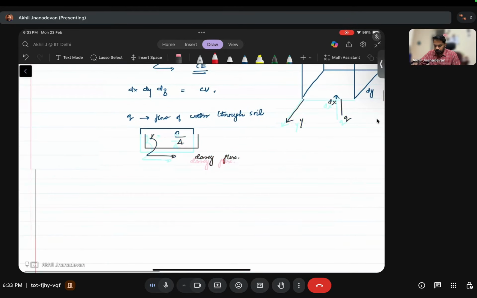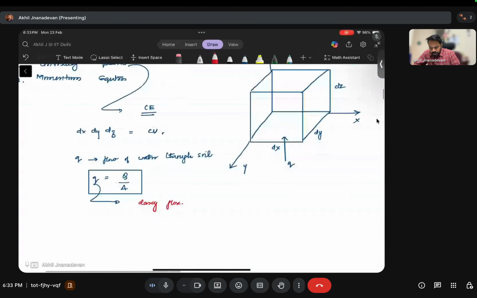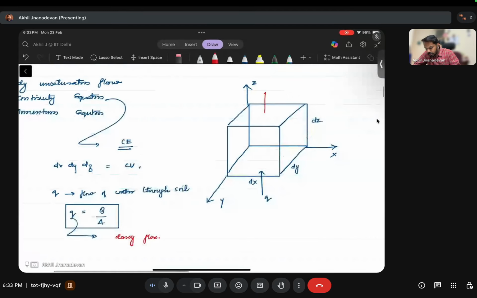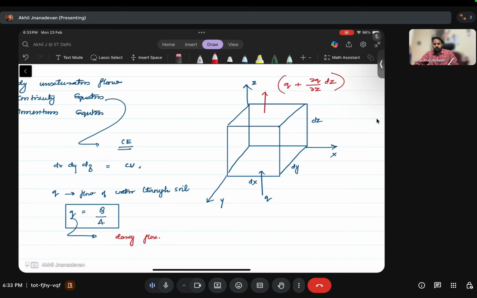This is the flux we are considering at this particular location, and at the other location, by using differential calculus, Q is changing in the z direction, so it would be Q plus dou Q by dou z into dz. This is the influx or inflow, and this is the outflow.